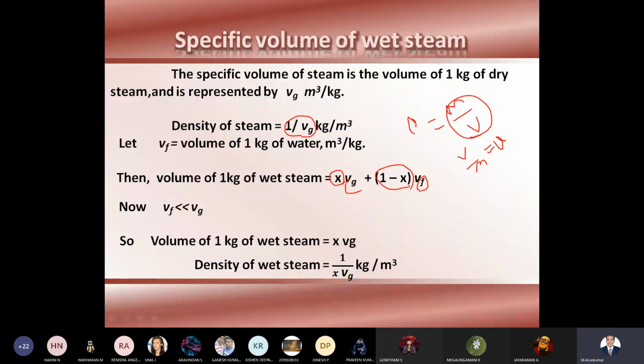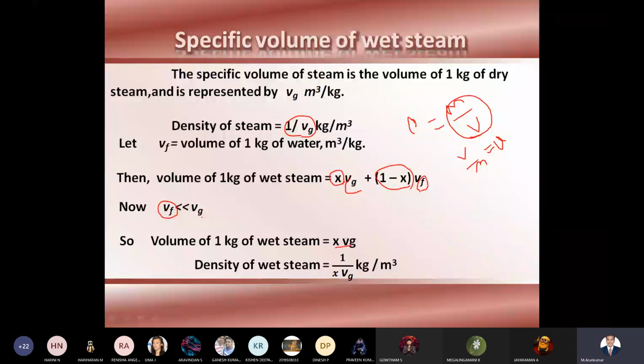If you add both together, we can get the volume of 1 kg of wet steam. If you compare these two, the specific volume of the steam will be hugely more, and the specific volume of water will be very less, so we can neglect that. Then the volume of 1 kg of wet steam will be x into Vg.